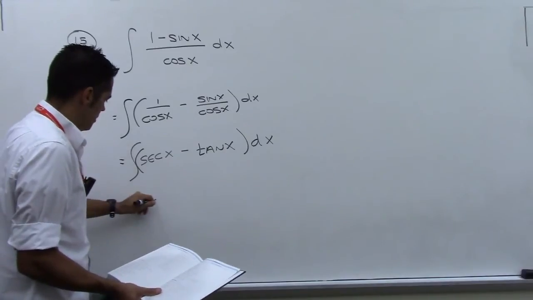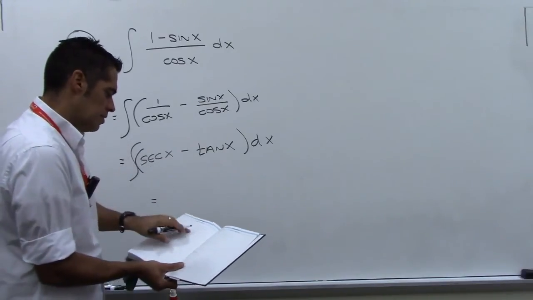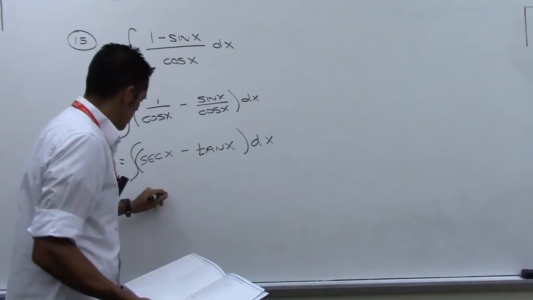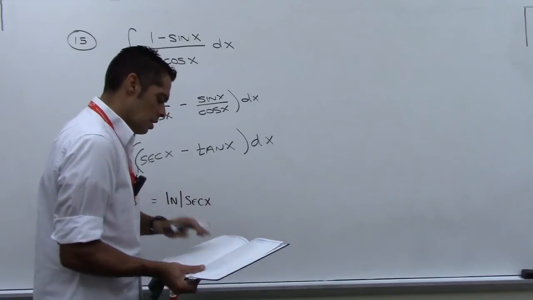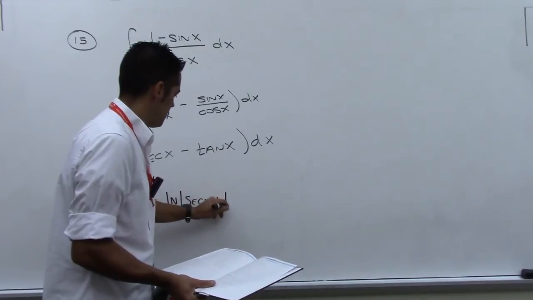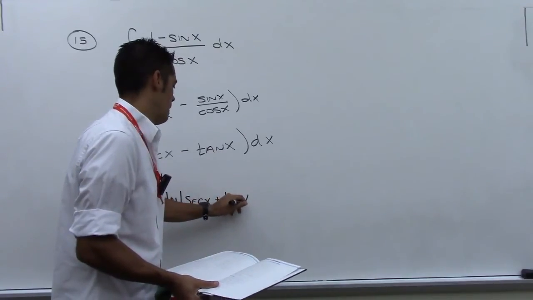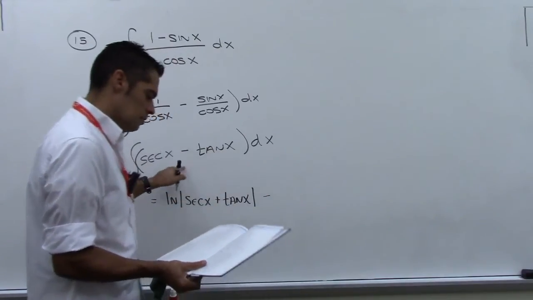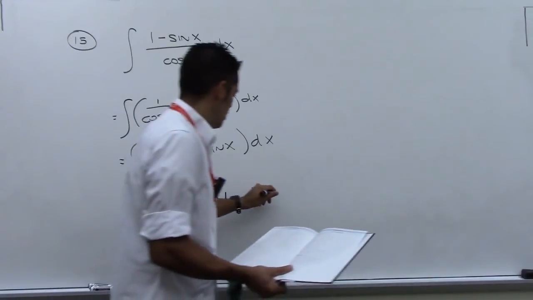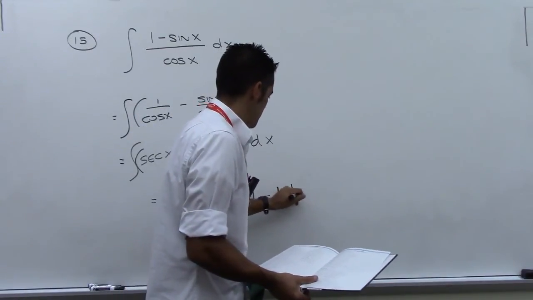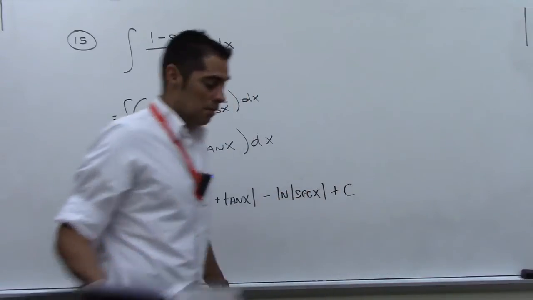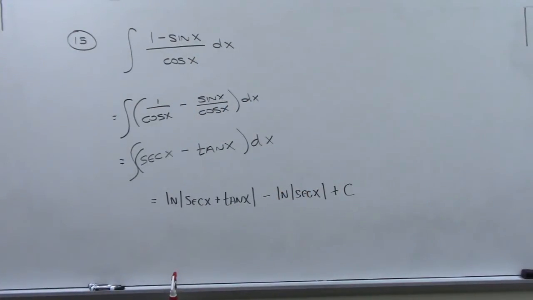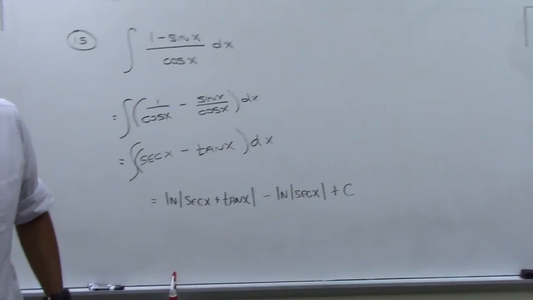This is equal to, okay, the antiderivative of secant is going to be natural log absolute value secant x plus tangent x, and then minus the antiderivative of tangent x, which is natural log of secant x. Now, there are other ways you can do this problem, but I think that's probably the easiest way. So I'll stick with the easy way.